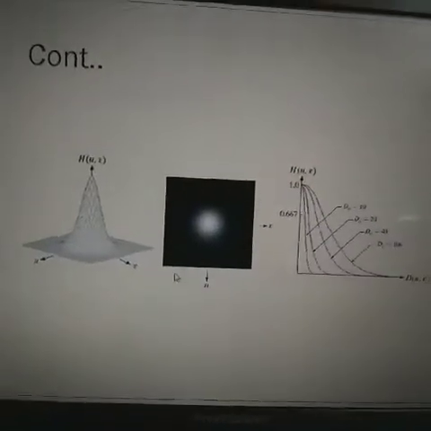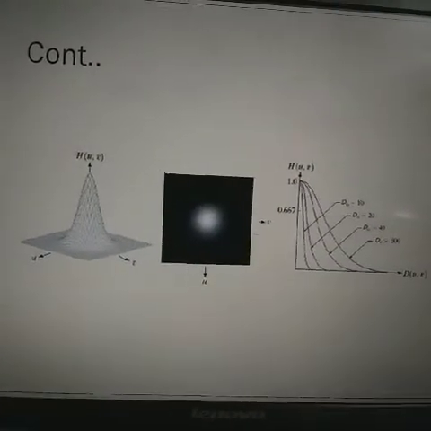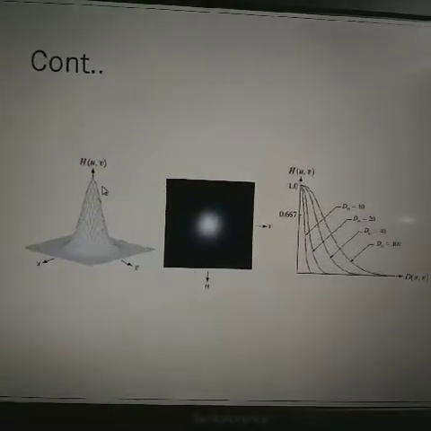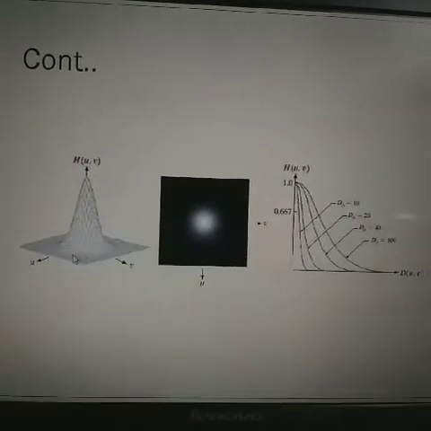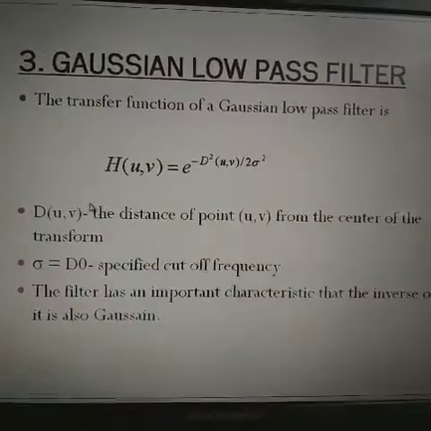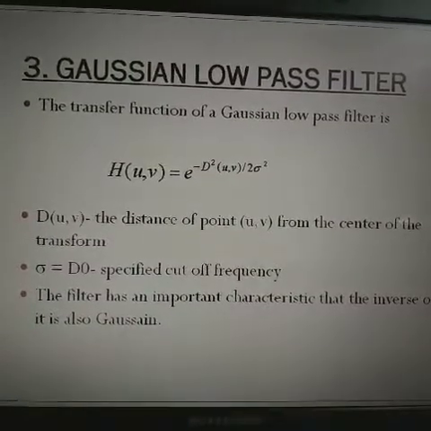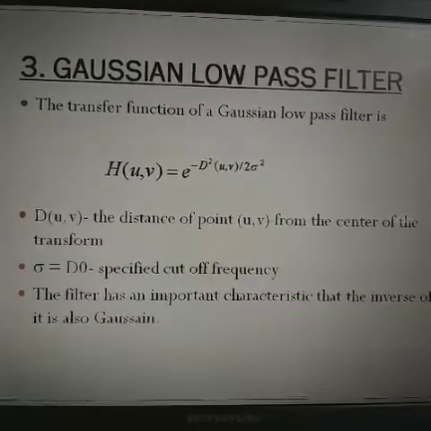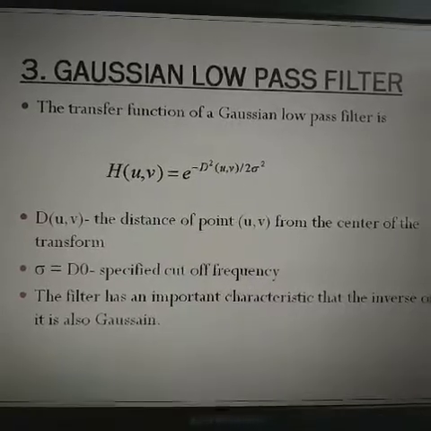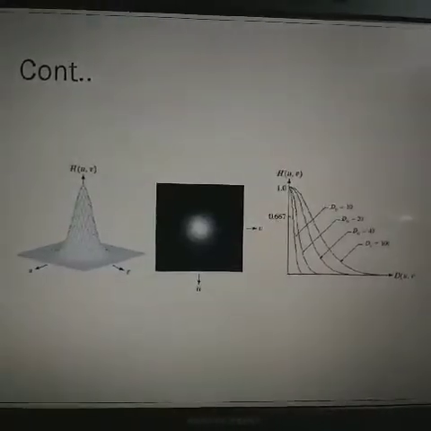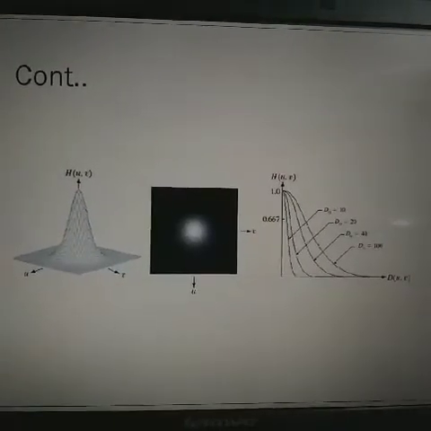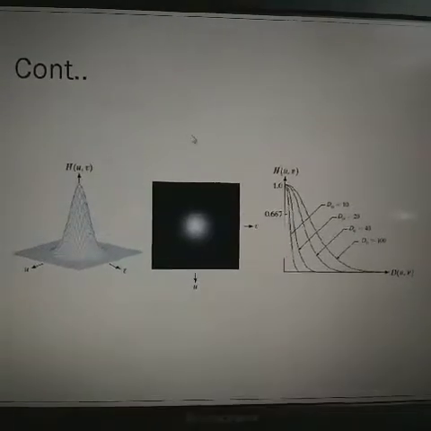Here we have the visualization of this filter function. All the cutoff values are represented by the sigma value, and these are related to the D naught value, the distance value.